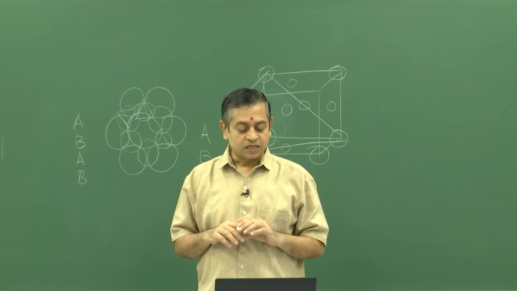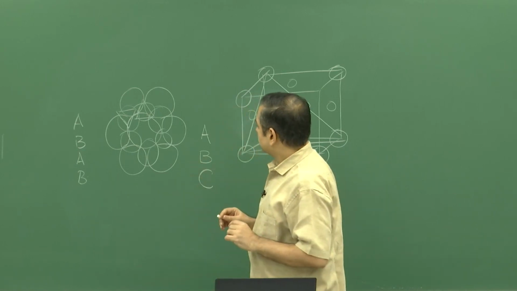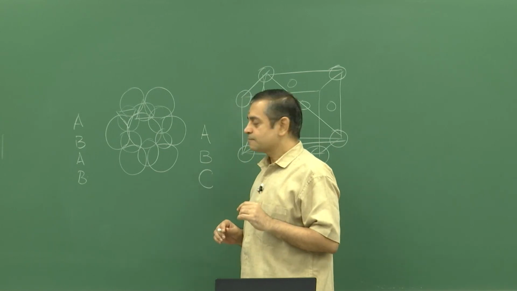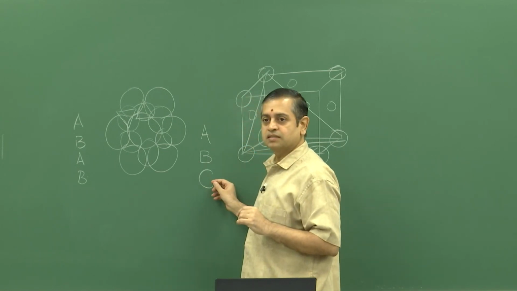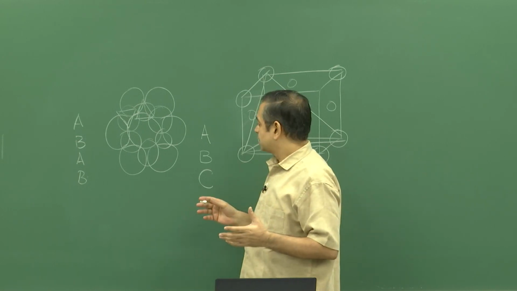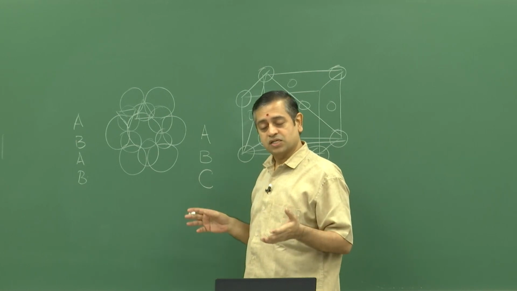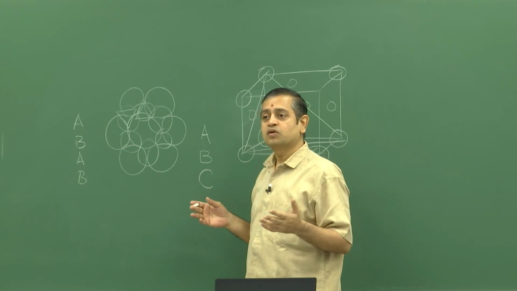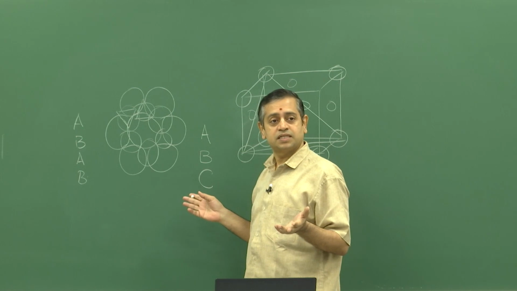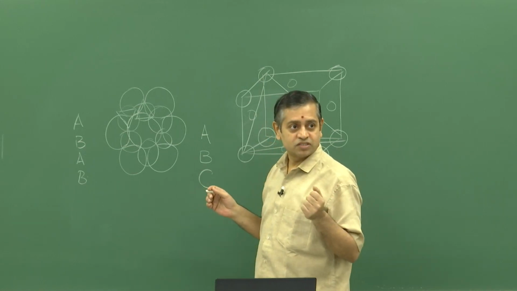Now, why is it important? It is important because in FCC, if you are looking at deformation, then what is the Burgers vector? Let us assume that the deformation is by dislocation. So, dislocations have to move. What is the Burgers vector in FCC? Half 110, right.